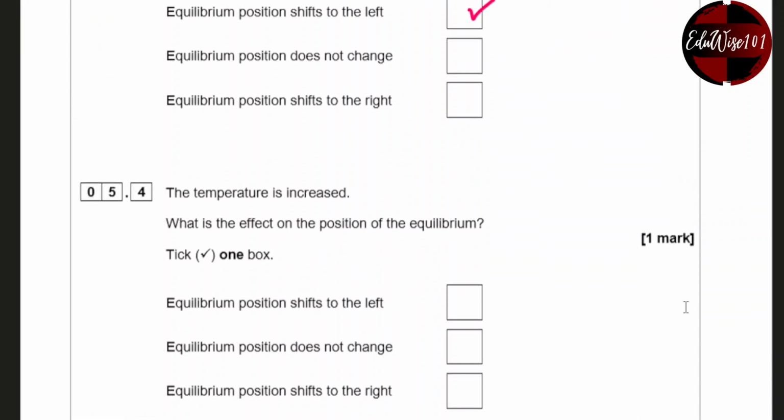The temperature is increased. What is the effect on the position of the equilibrium? Again, if you increase the temperature, because the forward reaction is exothermic, meaning that it gives out heat, if you provide it with heat, it will try and reduce the heat.